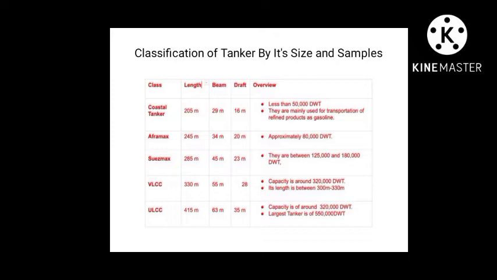ULCC has a length of 415 meters, beam 63 meters, and its draft is 35 meters. And overview: its capacity is around 320,000 deadweight tons. The ULCC is the largest tanker and has 550,000 deadweight tons.